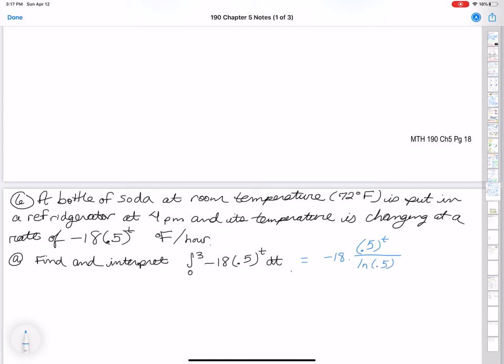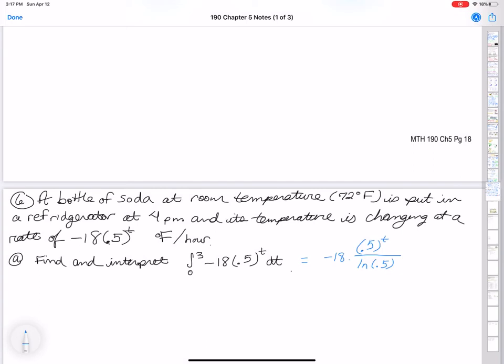If you work it backwards, the derivative of a half to the t would be a half to the t times natural log of a half, and those natural log of halves would reduce, and it checks out. But you might want to look that one up from the end of chapter 4.